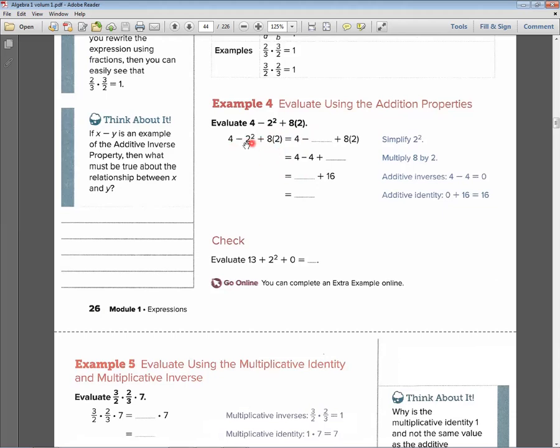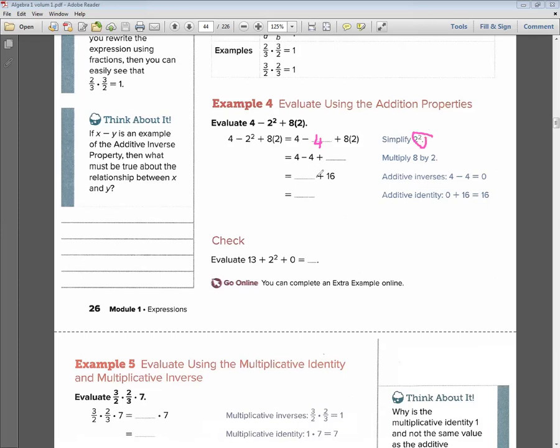First step, I have to calculate all powers. I have here only 2 power 2. 2 power 2 means 2 multiplied by itself. 2 by 2 is 4. This is the simplification of 2 power 2.